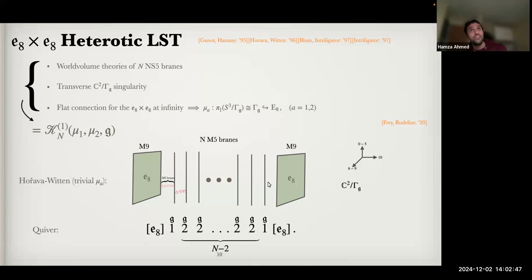I'm keeping one scale fixed, right? There's a linear combination of these M2 branes whose tension I'm keeping fixed.